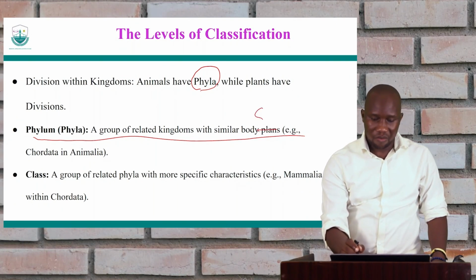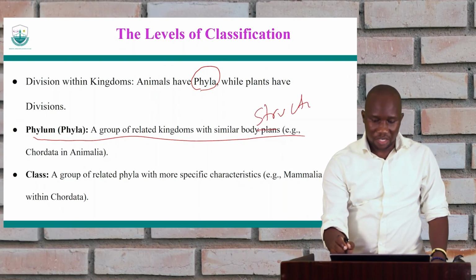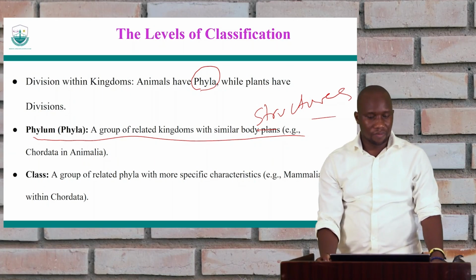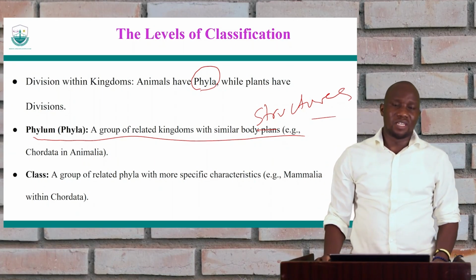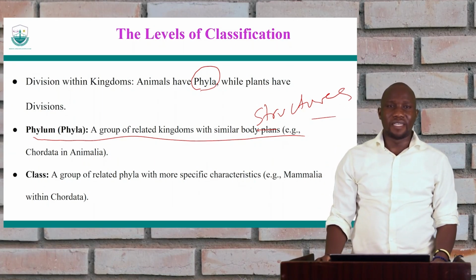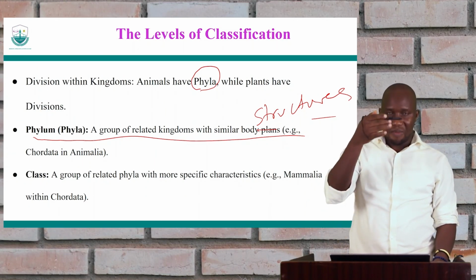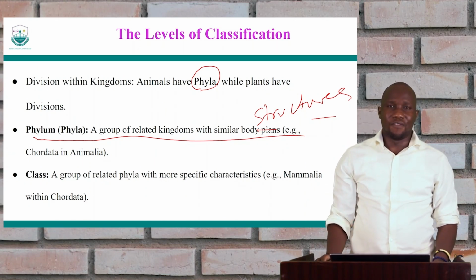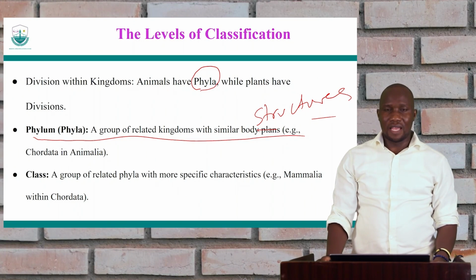Here, you can use the word structures. For example, in Animalia, we have the phylum Chordata, but we have many phyla in Animalia, about nine phyla.